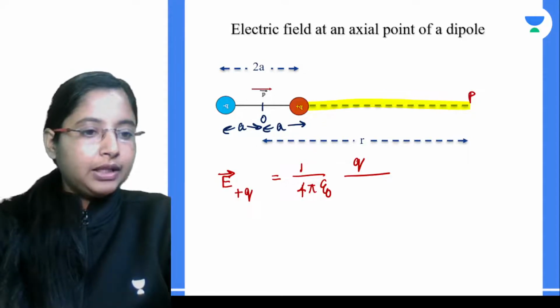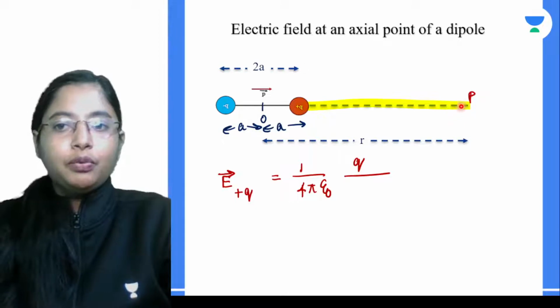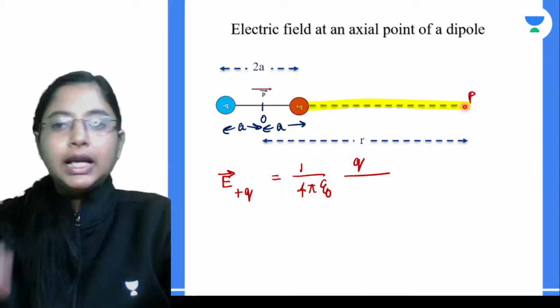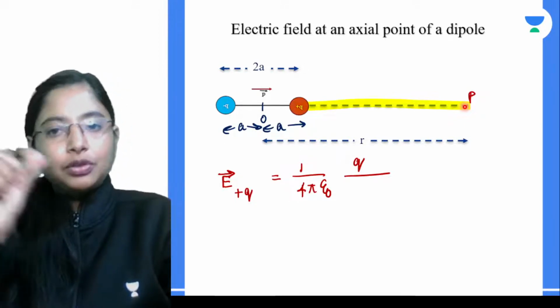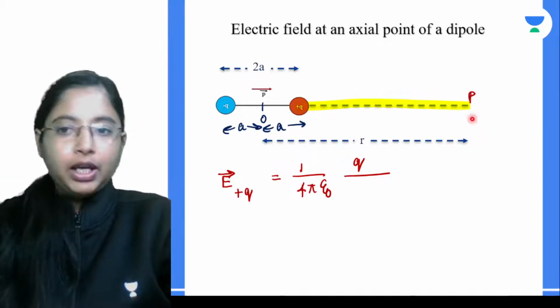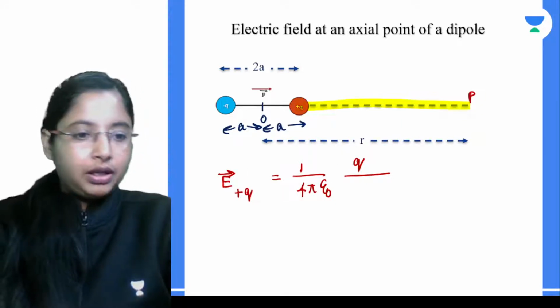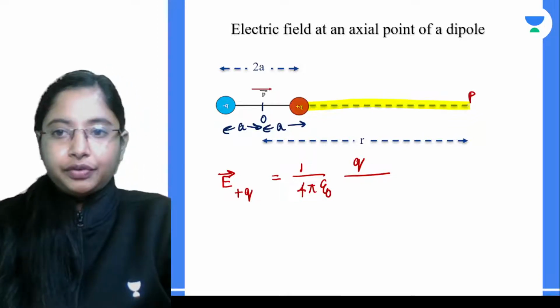In other words, how are we measuring the electric field at this point P? We introduce a test charge. A test charge is very small, so its field doesn't disturb the field of this dipole. So we introduce a very small test charge at this point over here.